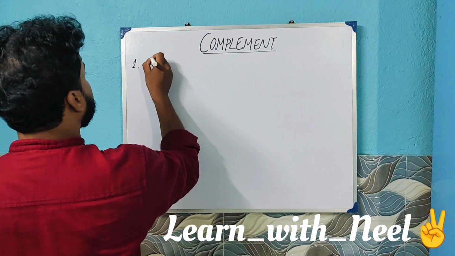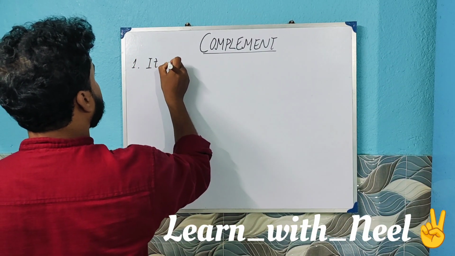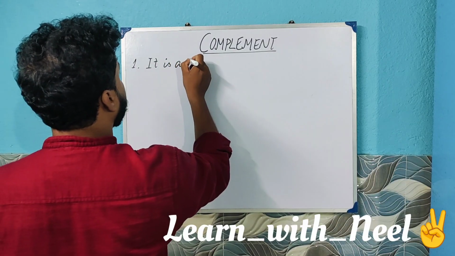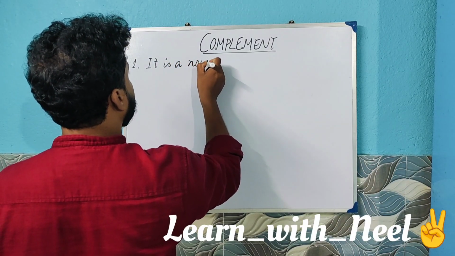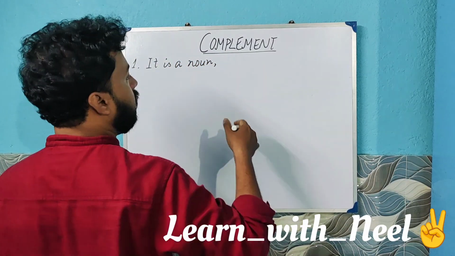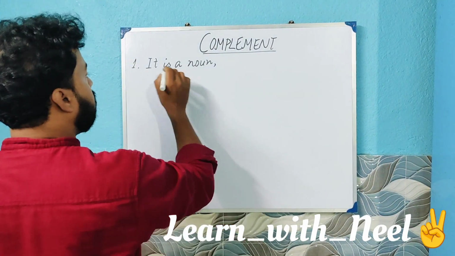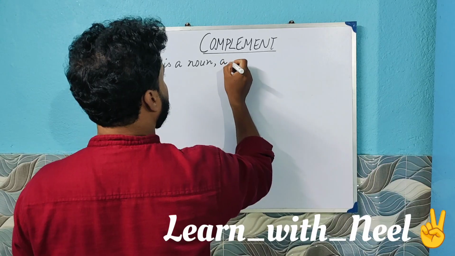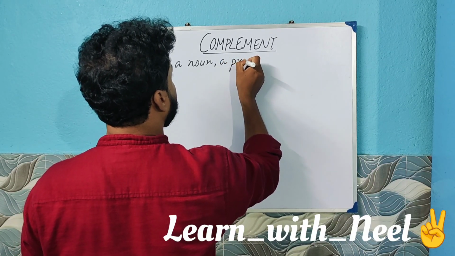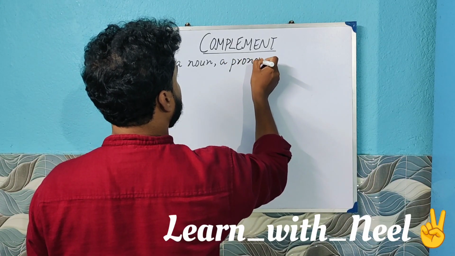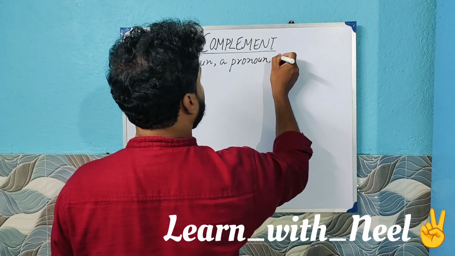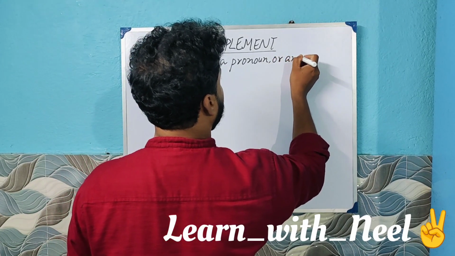A complement is a noun, which means it can also be a noun equivalent. It is a noun, a pronoun, or an adjective.